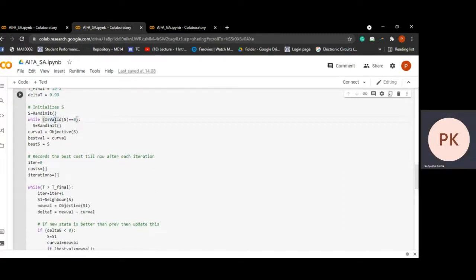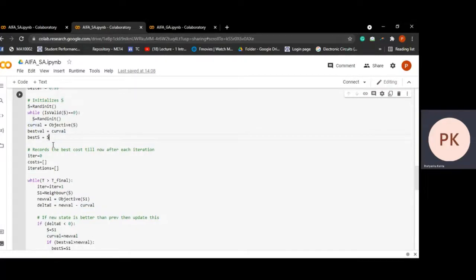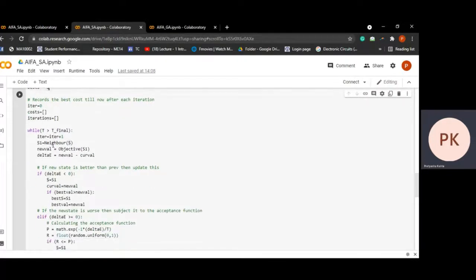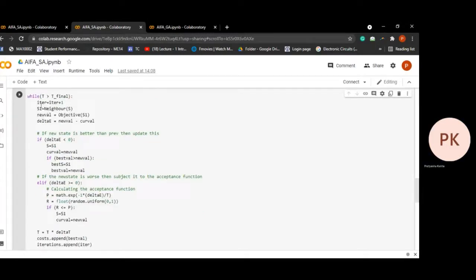First of all, we initialize the state, and curval is the current value, that is the value of the objective function for state S. Best value will be equal to the current value, and the best S will be the current state S. We will store the number of iterations and the costs.